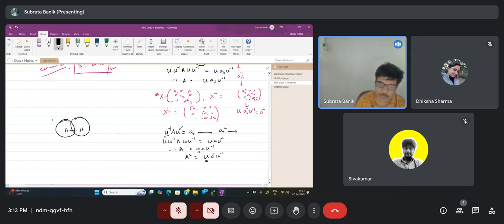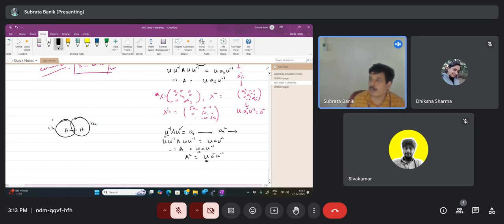This point can be covered by this orbital, and I'll also have this orbital. An orbital starts from the nucleus and goes to infinity, so at any point both orbitals coexist.